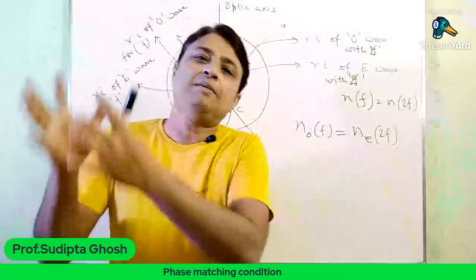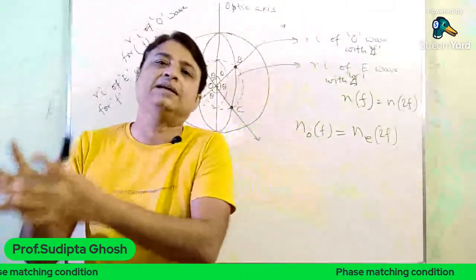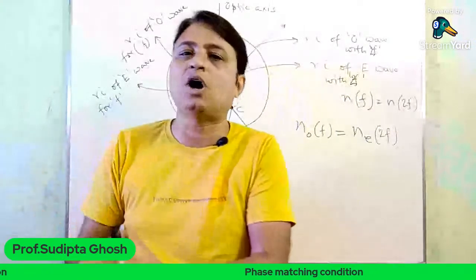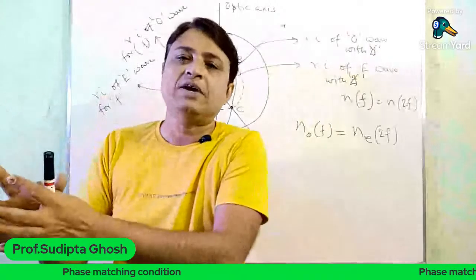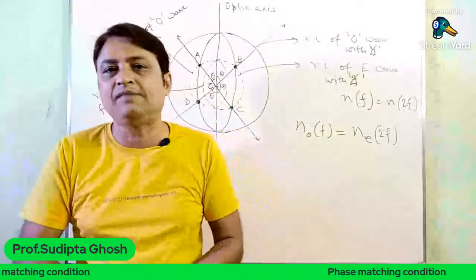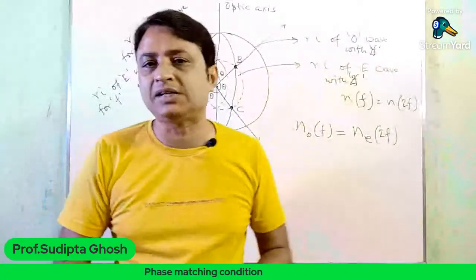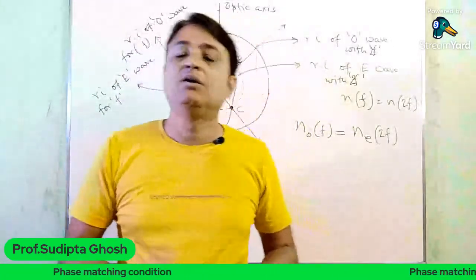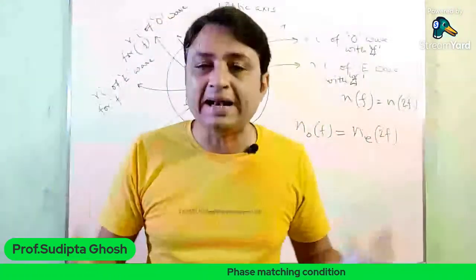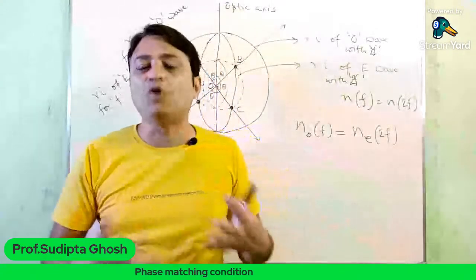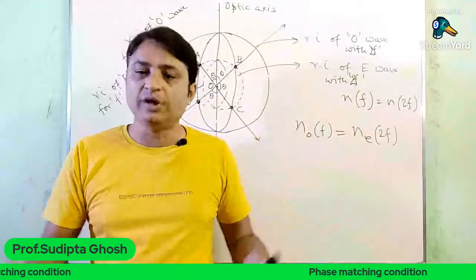Now, if the 2f wave has sufficient energy, or a sufficient electric field intensity, and passes through another uniaxial nonlinear crystal, then we must find another wave of frequency 4f, because again the second harmonic wave is going to be generated.